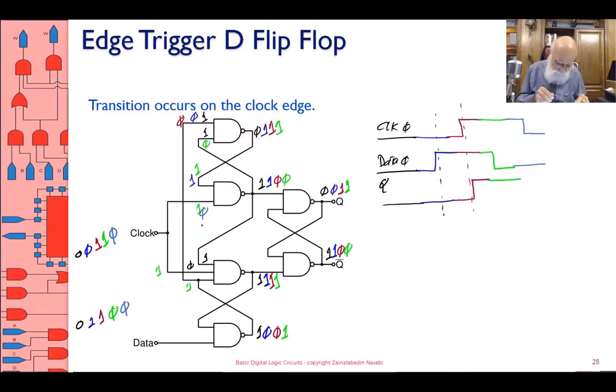Since this is a 0, this is a 0, this is a 1, the 0 on the lower input makes this a 1, okay? The 0 is a 1 here, and this 1 is stable because of the 0 on the clock. I have a 1 on this input. I have a 1 coming from the input, this one here.